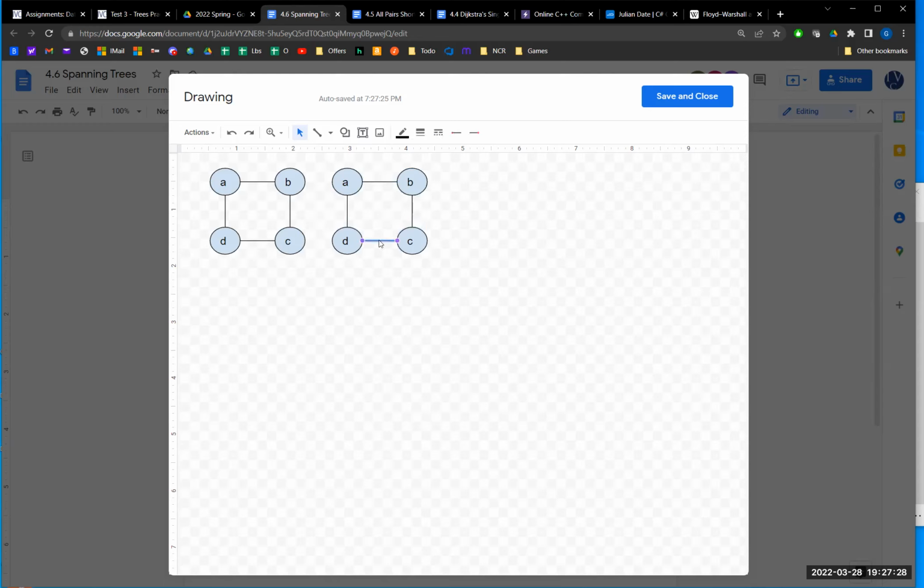Basically just remove one of the edges from the graph.